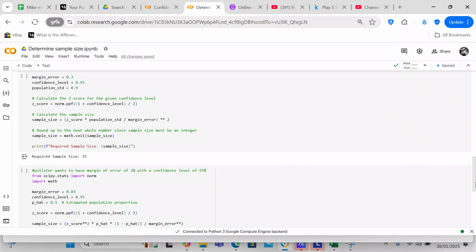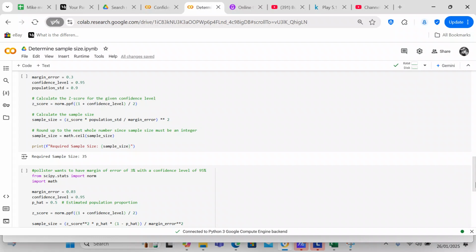And then we're going to square that, raise that to the power of 2. And then we're going to round up to the next whole number since the sample size must be an integer. So sample size equals math.ceil sample size. And then we're going to print it. So you're going to have a sample size of 35.